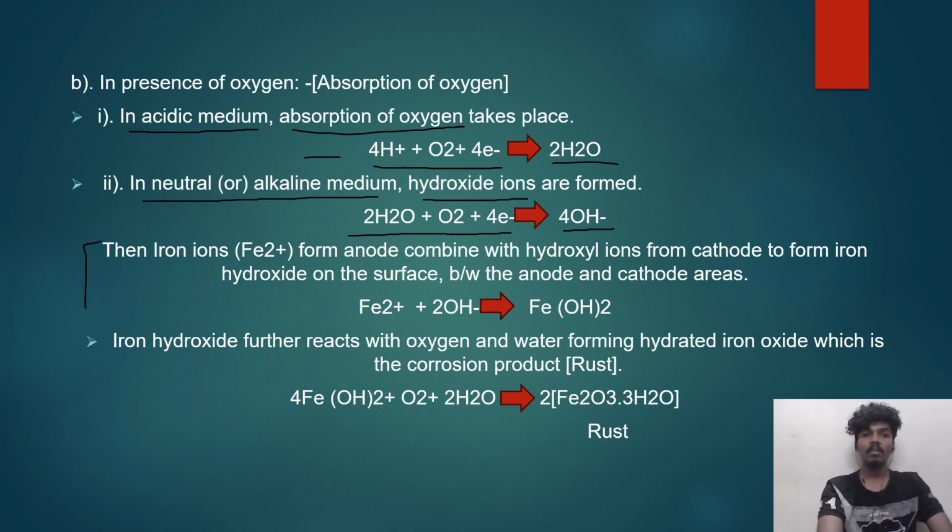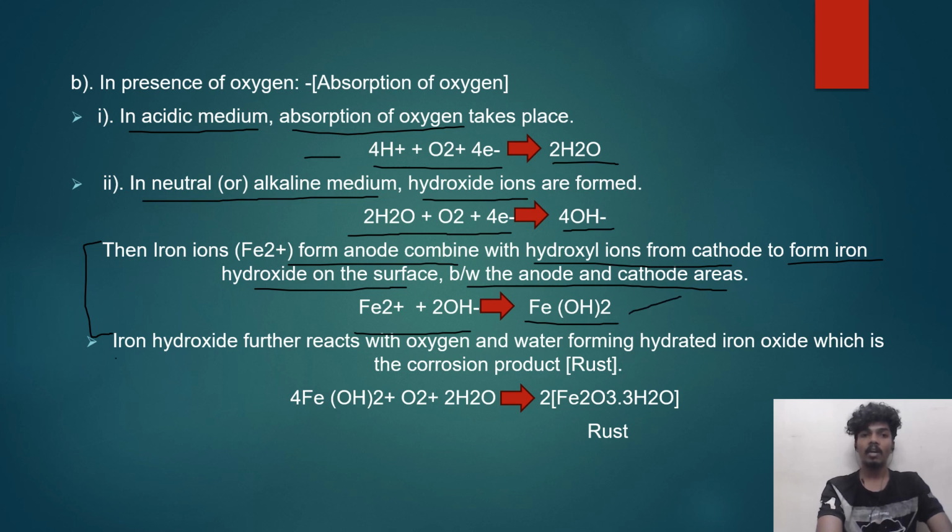Then the iron ions from the anode combine with the hydroxyl ions from the cathode to form iron hydroxide on the surface between the anode and the cathode areas. The chemical reaction is Fe2+ plus 2OH- gives rise to Fe(OH)2, which is nothing but the iron hydroxide.